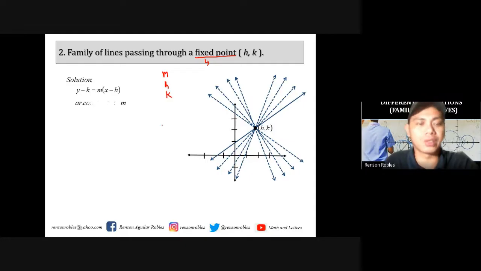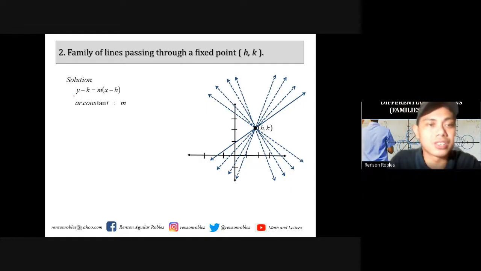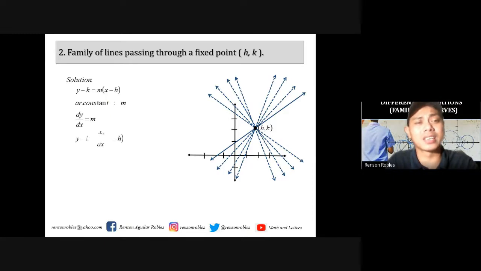Therefore, only m is an arbitrary constant. And then we shall differentiate it once. Differentiating, you have y prime, the derivative of negative k is 0, you copy m, and you know that the derivative of x is 1. So we have y prime equals m, or dy/dx is equal to m.